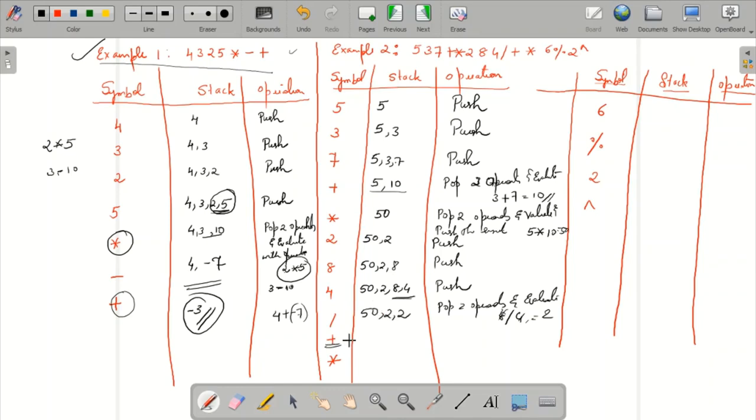Next is plus. When it is plus, again pop these two operands. Same thing, pop two operands and evaluate, but here it is 2 plus 2, so it is 4. So it is 50 4. Here also it is pop two operands and evaluate: 50 you'll write here, 4 you'll write here, multiplication. The answer is 200.